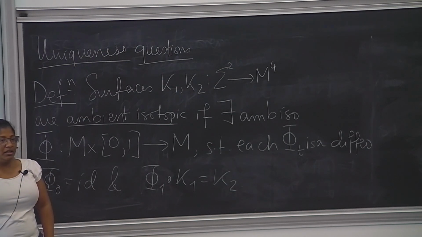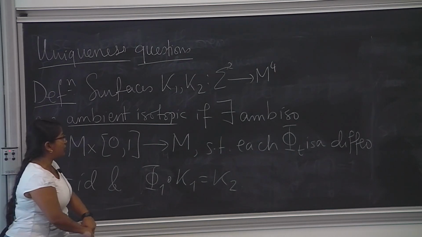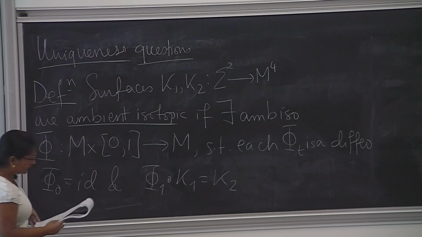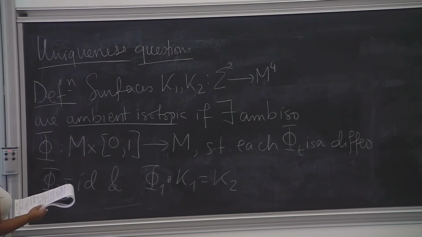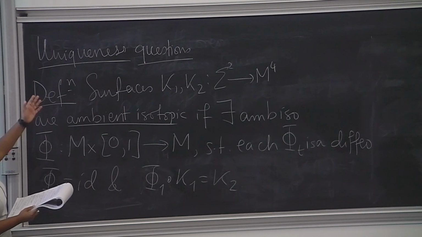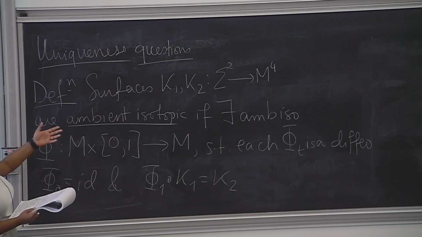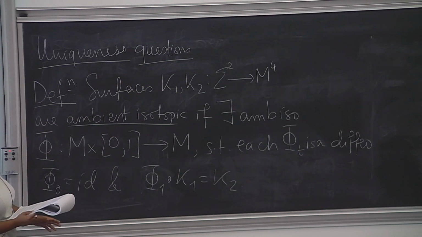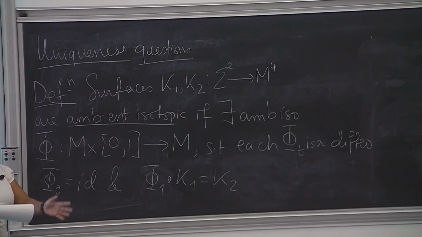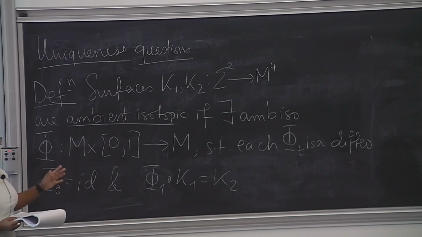Those two are the same as long as your surfaces have sufficiently nice normal bundles, which they do. This is what I mean by uniqueness for now. As in classical knot theory, we'll consider two surfaces to be the same if they are ambient isotopic. And again, if you have seen classical knot theory, this should not surprise you at all.